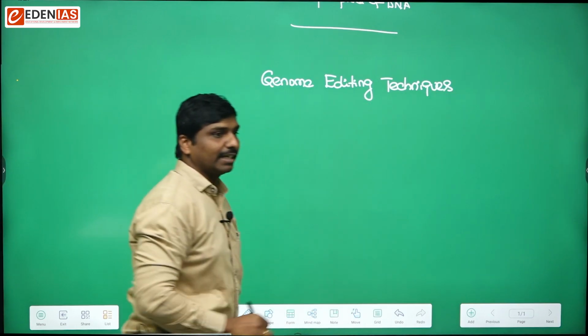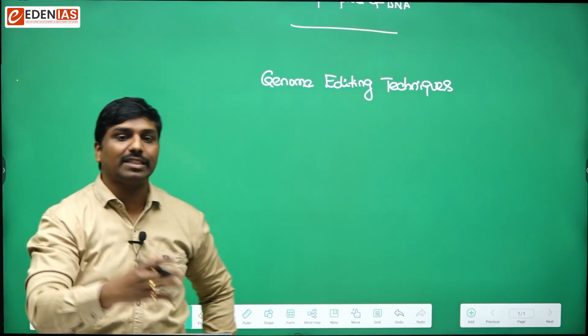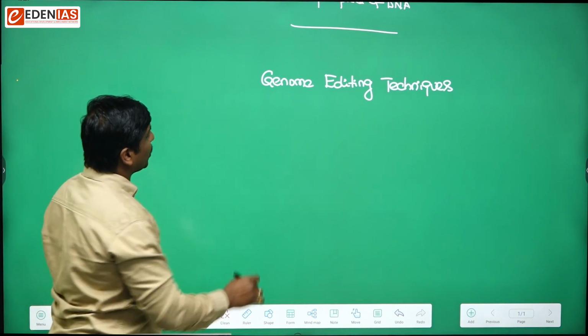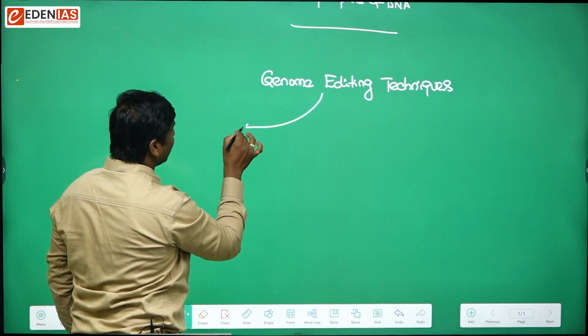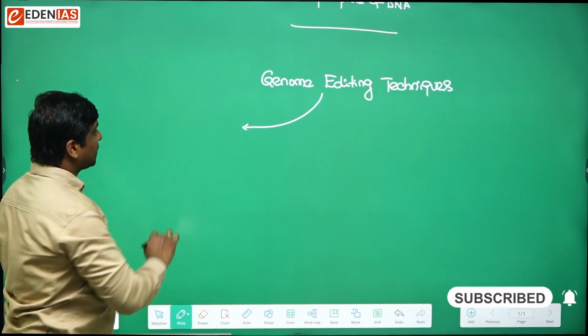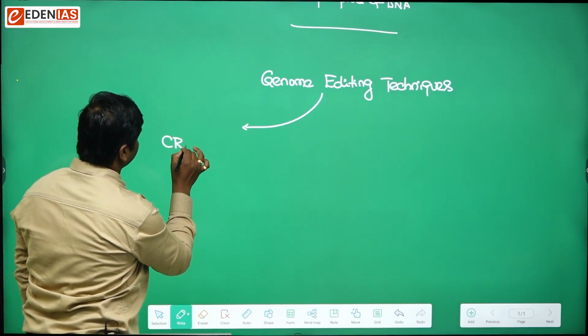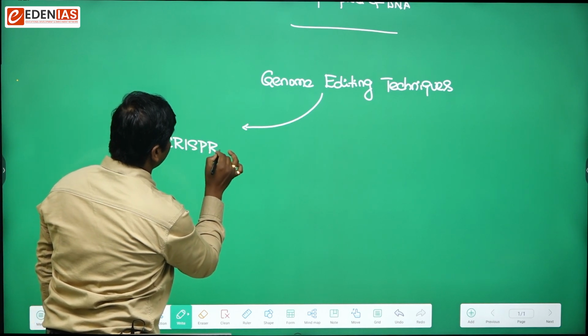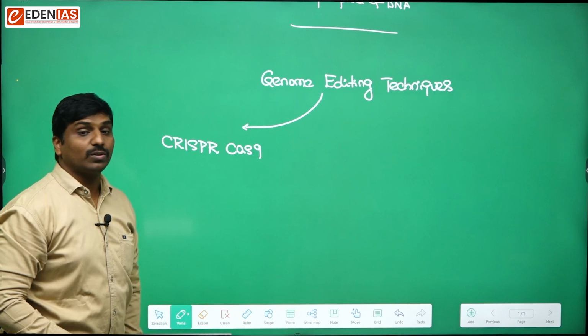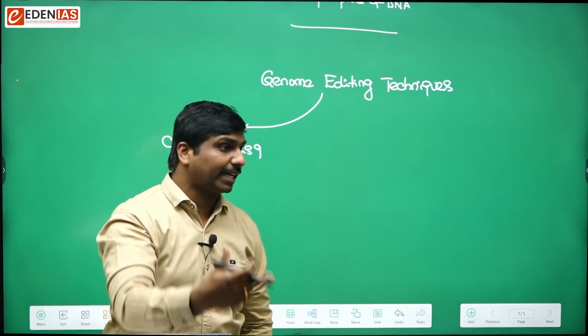Genome editing techniques with which we can modify the genetic composition. First, such an important genome editing technique that we have is CRISPR-Cas9. So this is one genome editing technique.